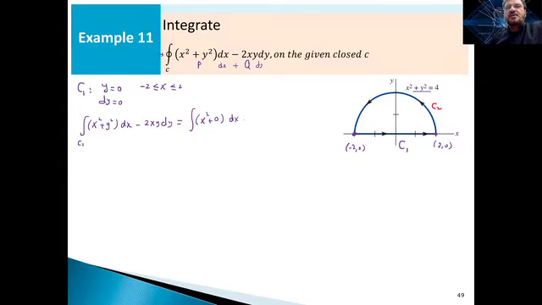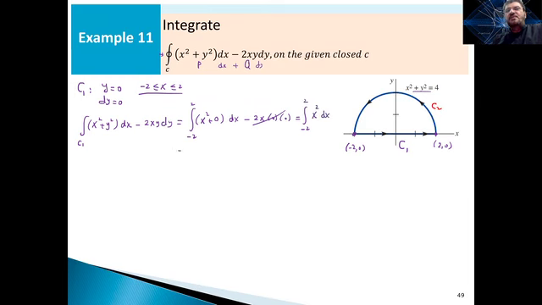Then dx minus 2x times y, which is 0, times dy, which is 0. So all of this goes away. I'm left with dx. And x, you see, is from -2 to 2. So what am I left with? The integration from -2 to 2 of x squared dx.